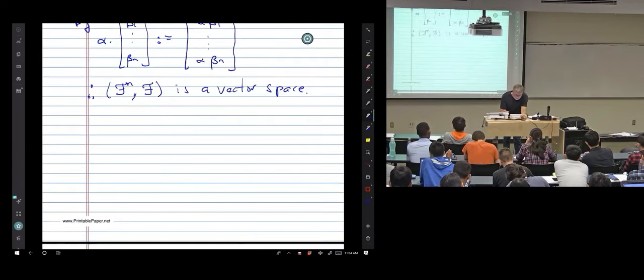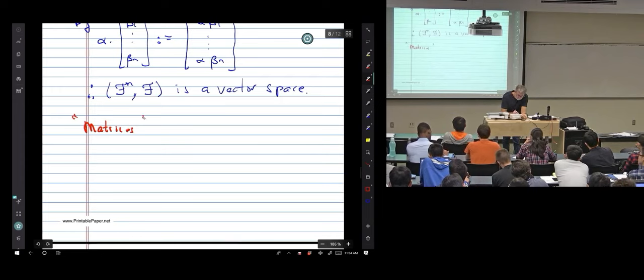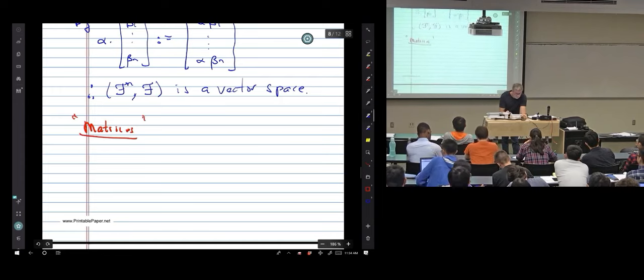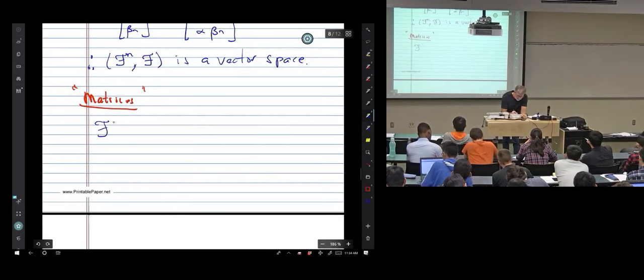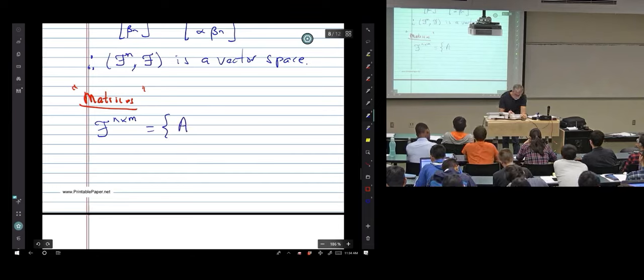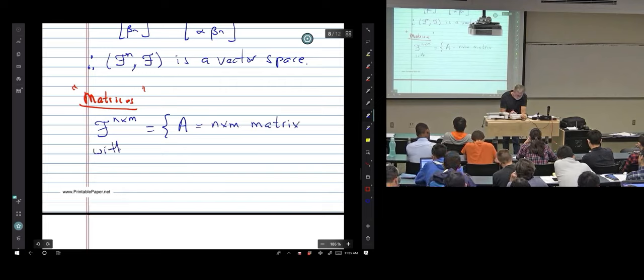Okay. The last one, matrices. Instead of n-tuples, F^(n×m) is equal to the set of all A equals n by m matrices with entries in the field.